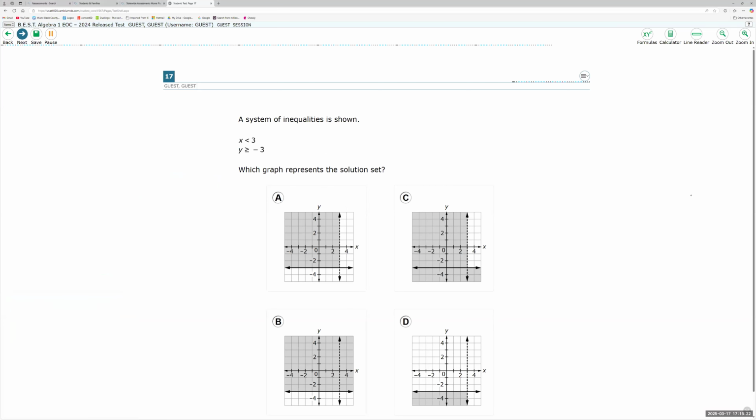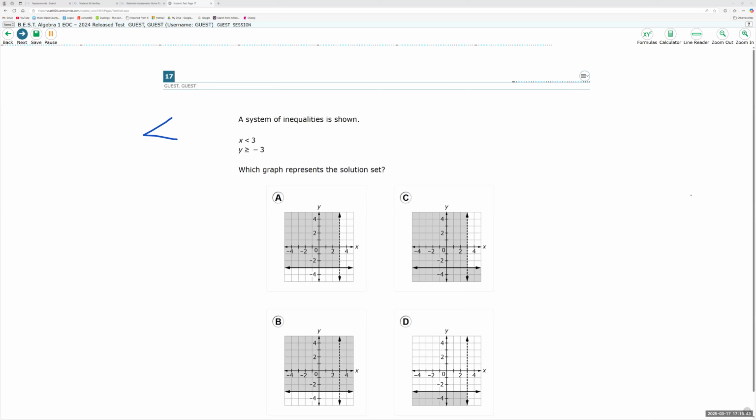All right, a system of inequalities. X is less than 3 because the less than doesn't have the equal sign below, like that. It doesn't have it, so I'm going to erase it. That means it's a dotted line on X equals 3. So all the graphs have a dotted line on X equals 3, that's no problem.